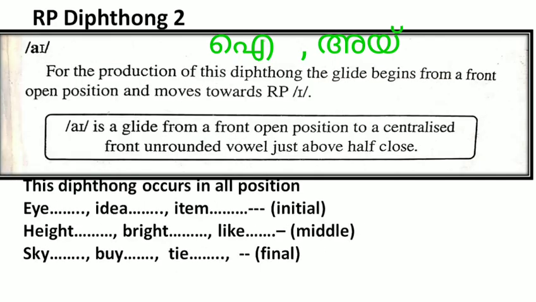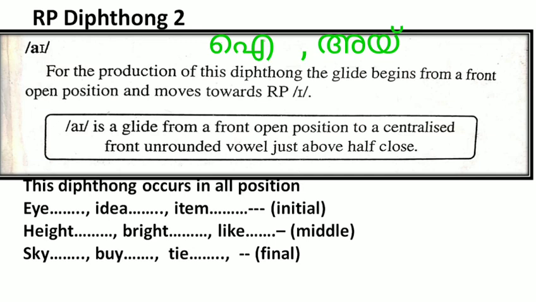RP diphthong number 2, ai. For the production of this diphthong, the glide begins from a front open position and moves towards the RP I as we discussed. Ai is a glide from a front open position to a centralized front unrounded vowel just above half closed position.